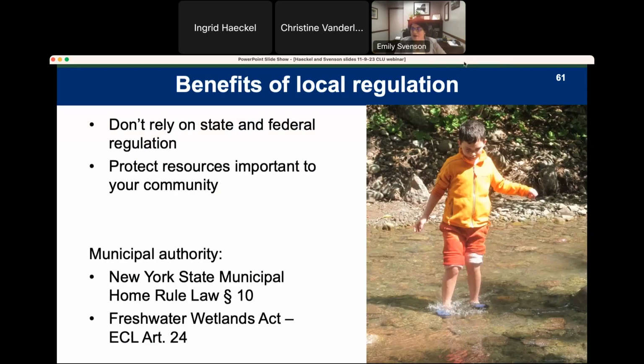Municipalities have that authority, both generally under the New York State Municipal Home Rule Law, Section 10, as well as the New York State Freshwater Wetlands Act, which specifically says that the state knows that they're not regulating all the wetlands, and they offer municipalities the option to regulate smaller unregulated wetlands.